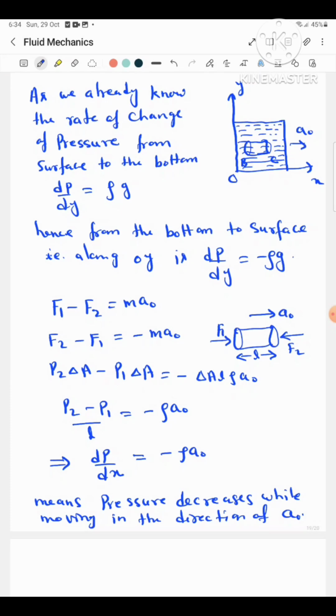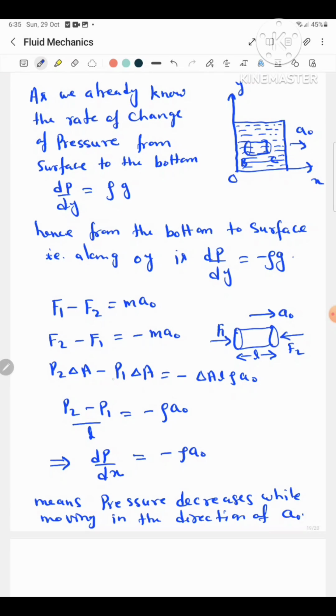So here from the free body diagram, F1 minus F2 is equal to mass into acceleration. We are going to calculate the pressure variation from O to X, that is point B to point C, the pressure at C minus the pressure at B. So F2 minus F1 is equal to, changing the sign, minus m into acceleration.